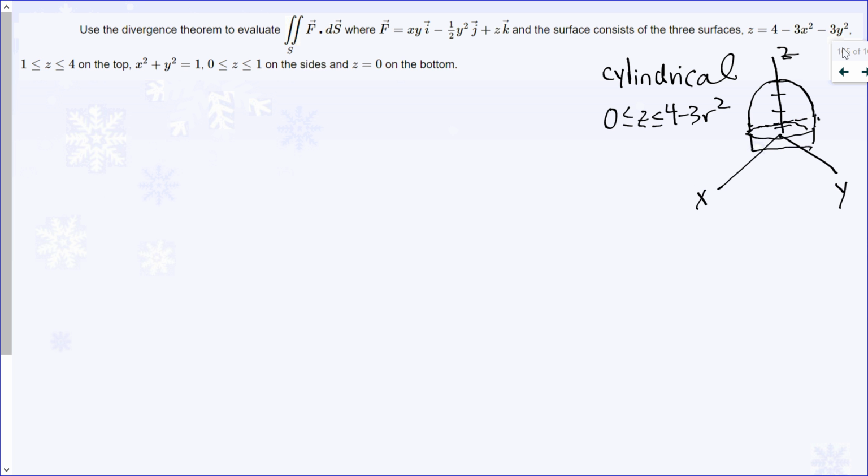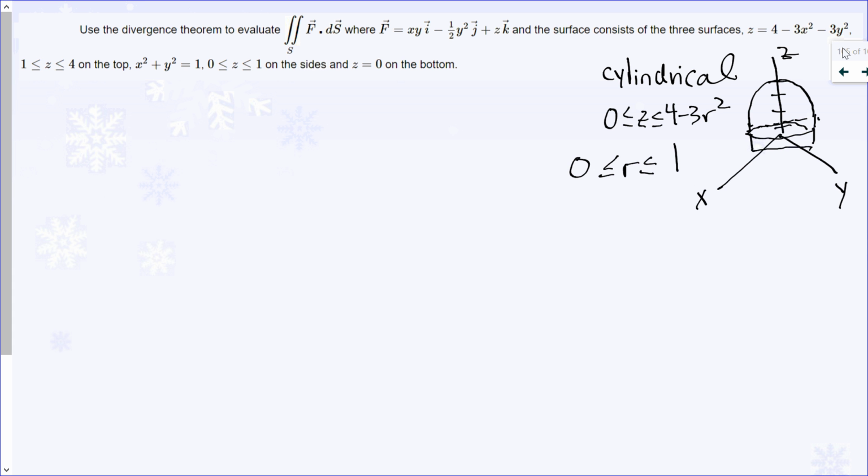Okay. And then what are the bounds of our r? We have to fill in the volume. Go ahead. 0 to 1. Yeah. The widest the circle gets, it goes from 0 to 1, doesn't go beyond 1. When you look at the intersection of the paraboloid and the cylinder, it intersects at an r value of 1.